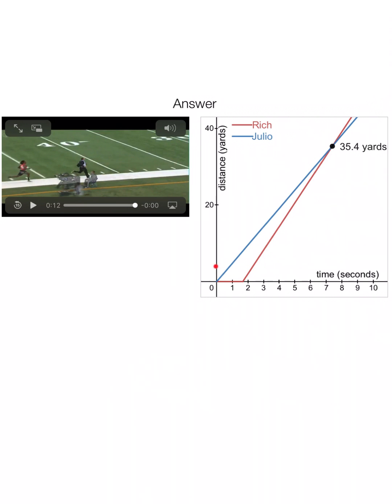So if we look at Julio's at a time of 0, he started and then was running at a constant rate, where Rich didn't start until about 1.5 seconds after Julio did, and then he was running at a constant rate but at a faster rate, and therefore the slope is larger than Julio's, and therefore they met up.